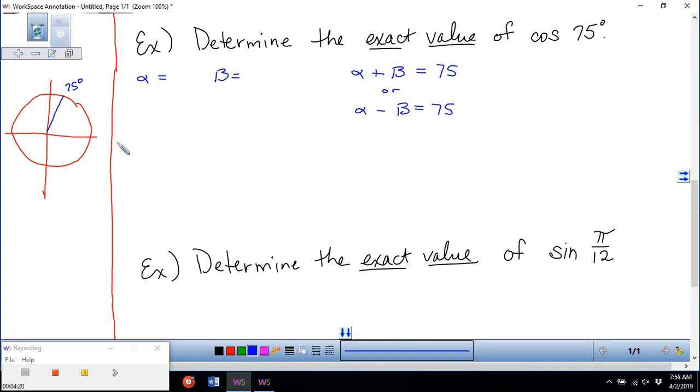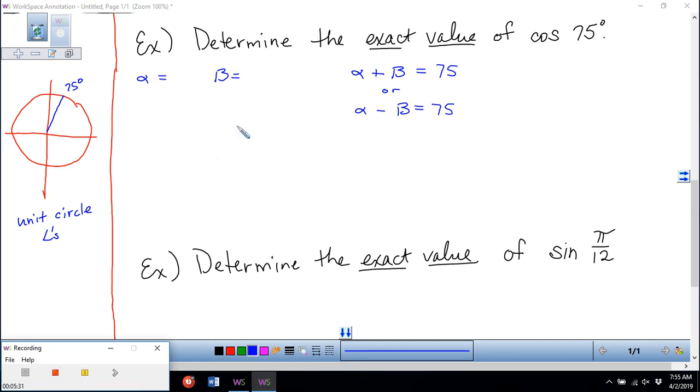So I want you to pause for a moment and see if you can figure out two angles that will either add to equal 75 degrees or two angles that will subtract to equal 75 degrees. And remember that they need to be angles that are on the unit circle. So we're looking for unit circle angles, the ones we memorized earlier in the year. So go ahead and pause, think about that, and then we'll come back and discuss it.